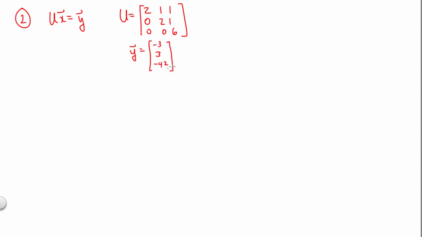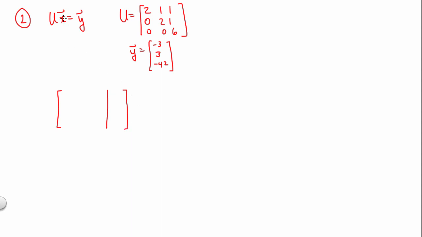So step two, we're going to refer back to the fact that Ux equals y, and just recopying from our previous screen, U was given in the problem. It was 2 1 1, 0 2 1, 0 0 6. And the vector y was the vector that we just found. It was equal to -3, 3, -42. So let's take this information here and write it up in the form of an augmented matrix.